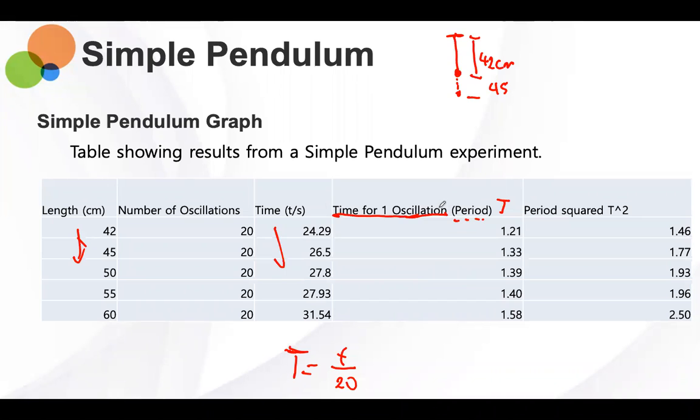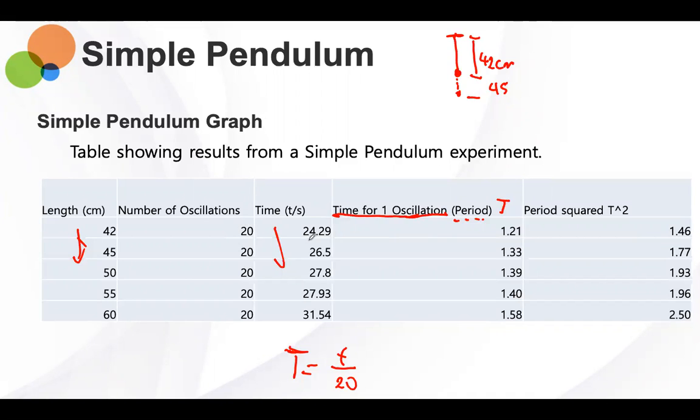All right. So as Mr. Golden rightly said, to get the time it takes to complete one oscillation, we will have to divide the total amount of time by the amount of oscillations that we did, which would be 20 in this case.